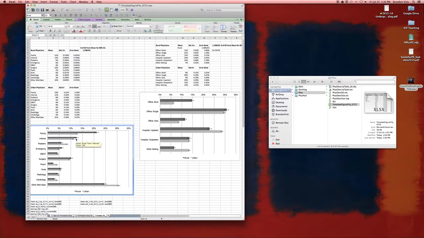Is this gap a real urban-rural difference? Is this gap in pediatrics a real rural discrepancy? Or is this an anomaly of a sampling phenomenon, really? So we want to know, is this gap statistically significant?